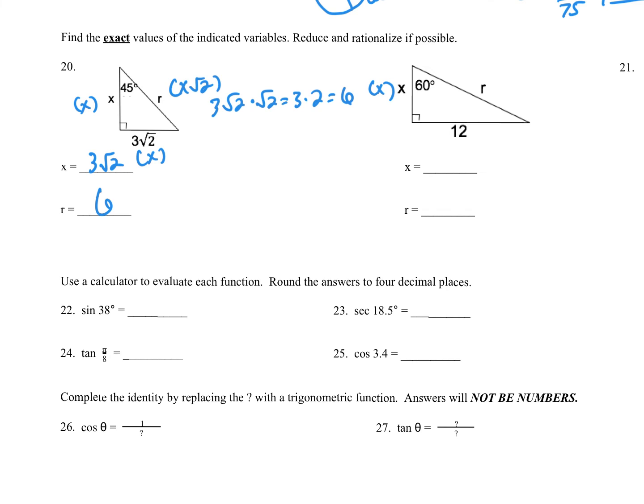So this is x, x root 3, 2x. So then x root 3 must equal 12. X is then 12 divided by root 3. So we're just going to leave it like that. 12 divided by root 3. You can rationalize the denominator if you want to. It's not important. R is then twice as much, so 24 root 3.